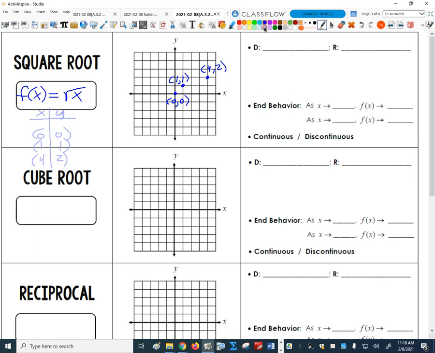How about negatives? What if I input a negative 1? What's the square root of negative 1? That means, what number could I square and get back a result of negative 1? What squared is negative 1? Ooh, I'm seeing some people with some quizzical looks there for good reason. Is there a number I could square and get an answer of negative 1?